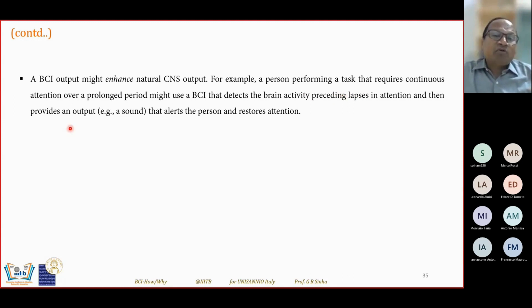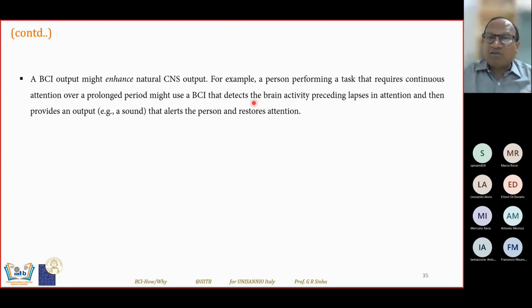Then it provides an output, maybe in the form of a sound; some alert will be generated. And then you can fix the volume of that alert. If a long beep or long alert is generated, that will help the person resume and regain the work so that there is no loss. So it alerts the person and restores the attention. What is important here is the term attention.